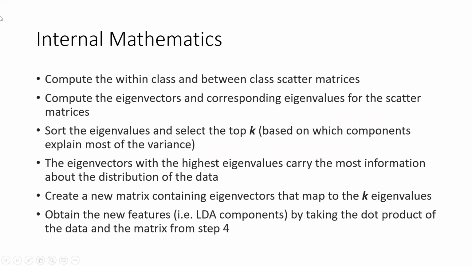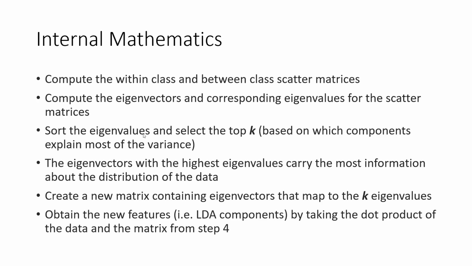I'll give you an overview of this technique, but you don't have to bother too much about the internal mechanics, because when we implement this technique via a statistical software package such as R or Python, it already has pre-built functions which take in the input data set as independent variables and a dependent variable, and it does all these things internally. But it's good to know how this works in the background.